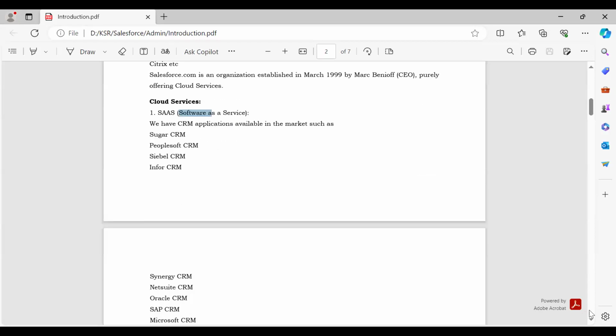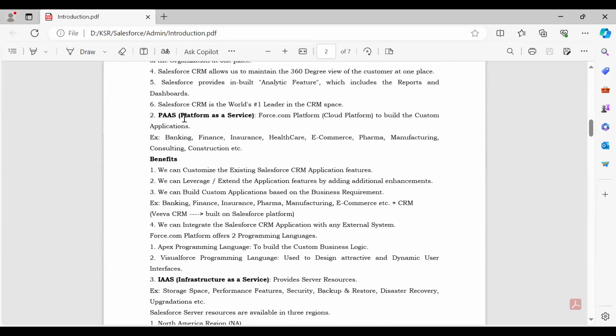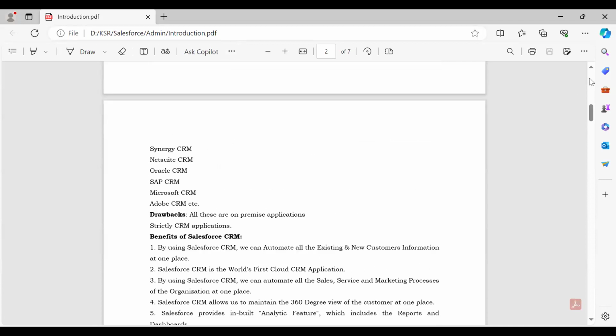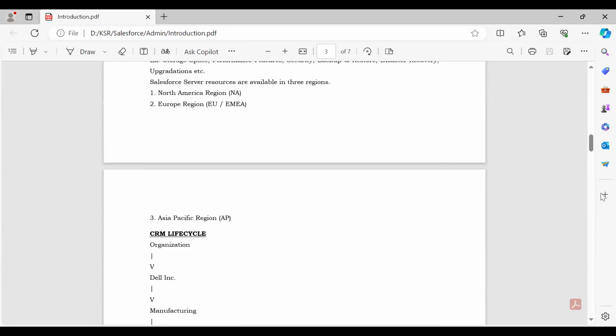Second one is platform as a service. We call it PaaS. And third one is infrastructure as a service. We call it IaaS. These are the 3 cloud computing models we have in the IT industry. Now, what exactly we mean by software as a service, platform as a service, and infrastructure as a service, we will discuss now in today's session.